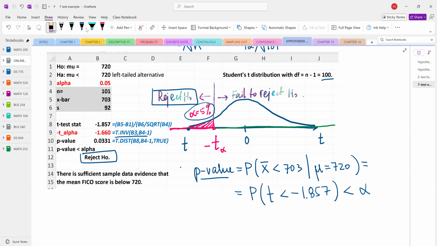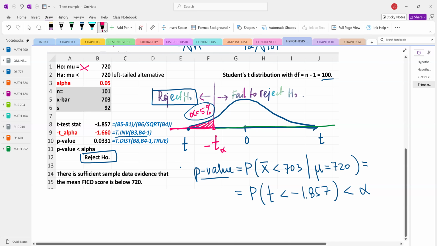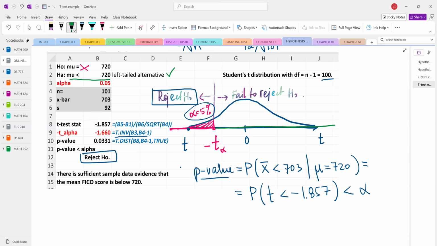Since we're rejecting the null hypothesis, that means that we are accepting the alternative hypothesis statement. So we're accepting the claim that mu is less than 720. And so therefore, we conclude that at a 5% level of significance, there is sufficient sample data evidence that the mean FICO score is indeed below 720.